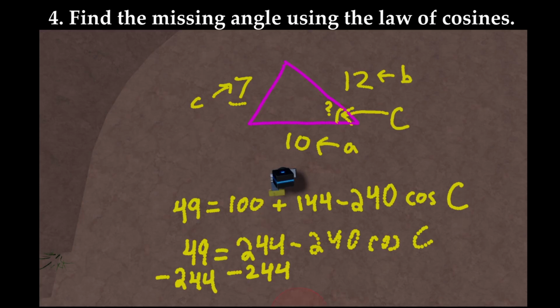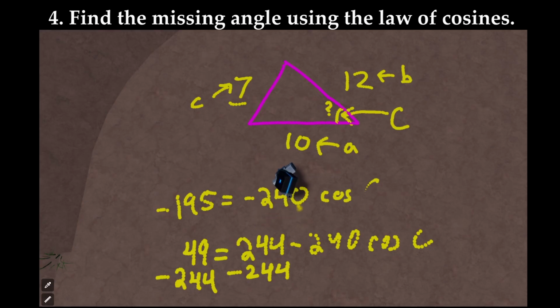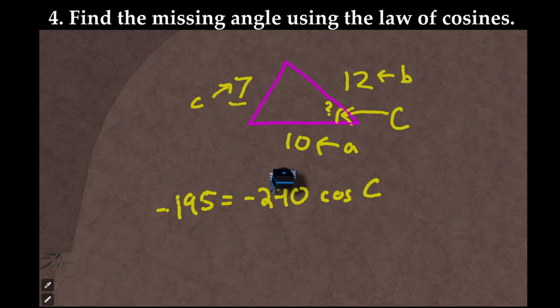So then if you do that, 49 minus 244 is just negative 195. And that's equal to negative 240 cosine of C, because that's all we have left on that side. And then now, to isolate cosine of C, let's divide by negative 240 on both sides.